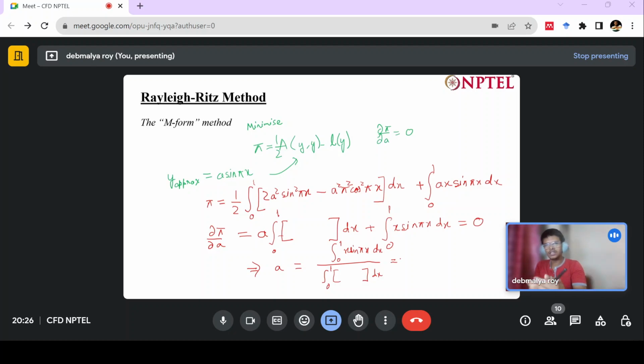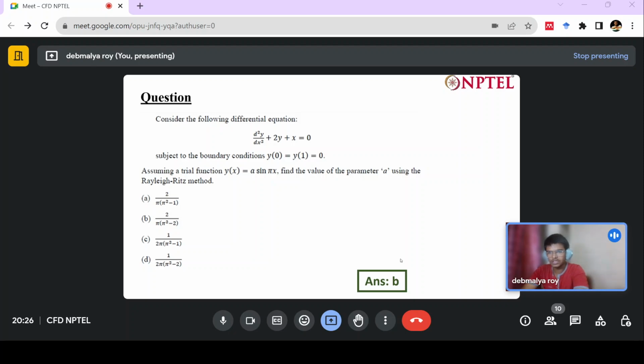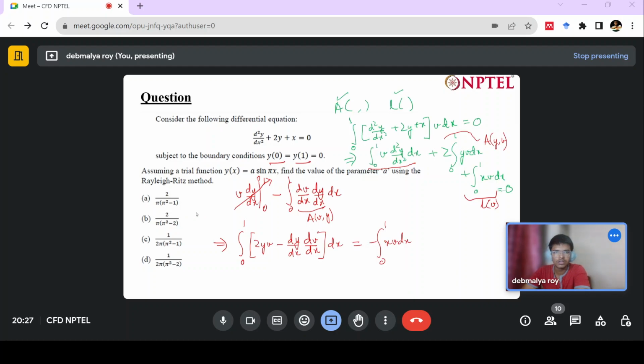So this is giving us another way to calculate my approximate solution. Alright. So this you can evaluate and please check. So here the answer reported is B. You can cross check with that. Okay. I hope the method is clear to you. That is more important. If there is any question, please ask me.